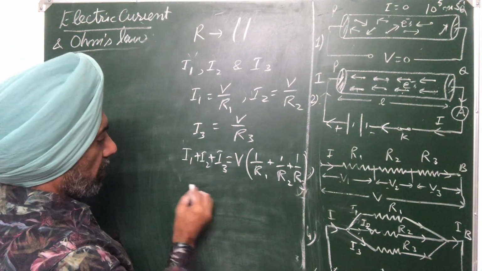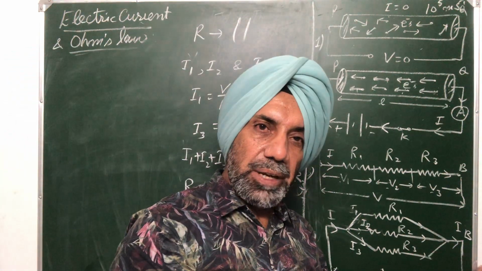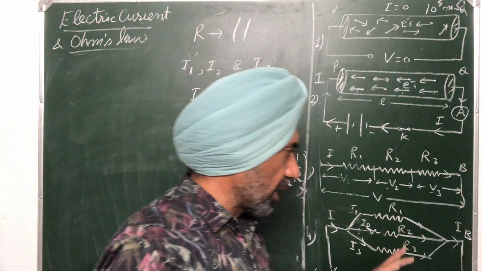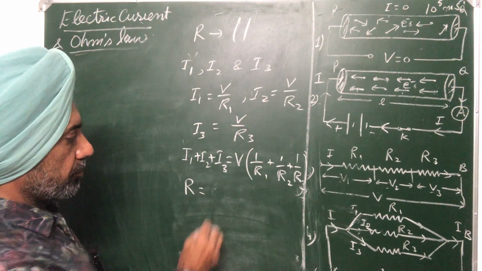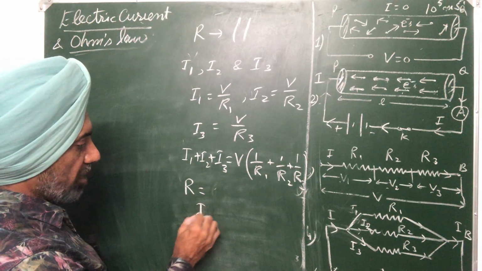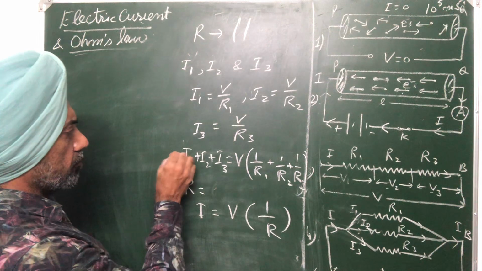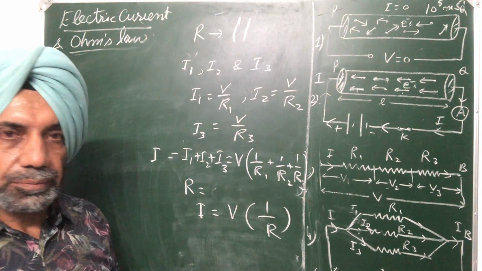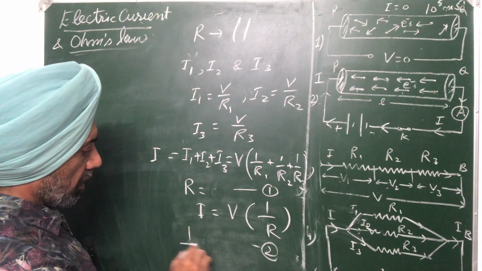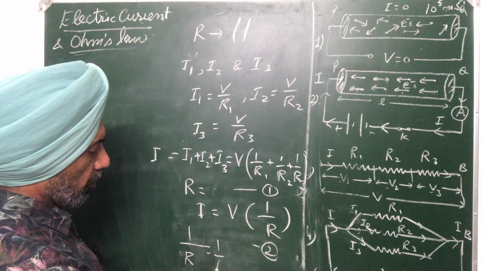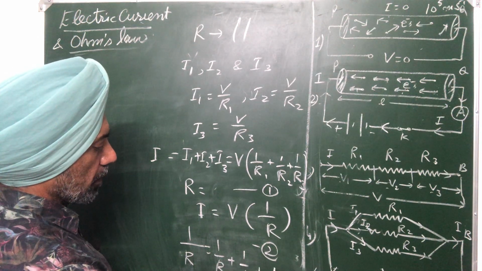Now, if R is equal to the equivalent resistance between A and B of the combination R1, R2, R3, and I the total current, then I should also be equal to V into 1 upon R. Total current is I. So comparing 1 and 2, again we have 1 upon R is equal to 1 upon R1 plus 1 upon R2 plus 1 upon R3.